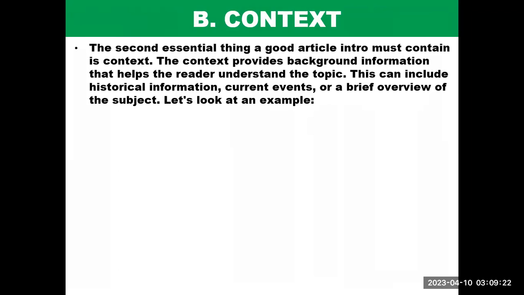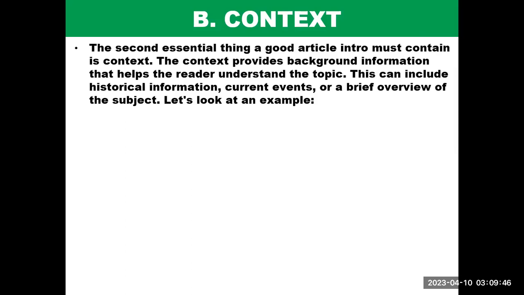And what it does is that it throws more light on the topic. So if the reader doesn't know much about the topic, then the background information helps the reader to understand the topic. All right, so that's what the context or background information does.